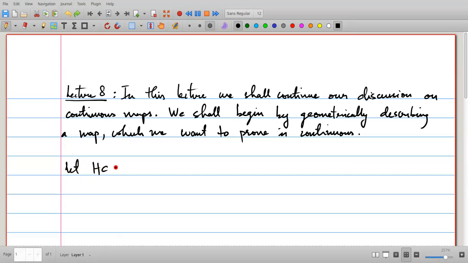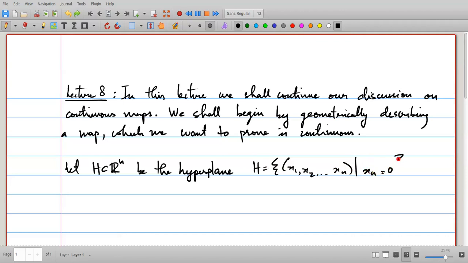So let H contained in Rn be the hyperplane. So we are looking at those points whose nth coordinate is 0, and let P be the point this point.